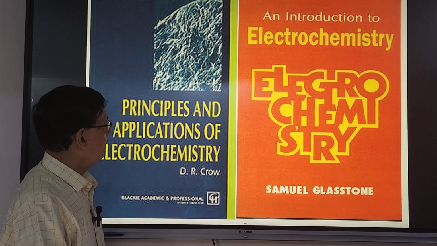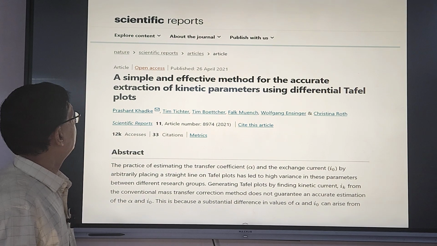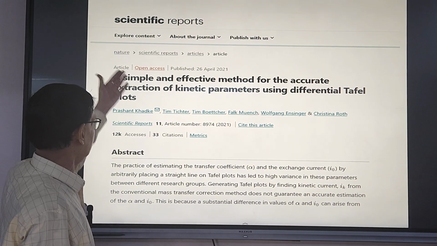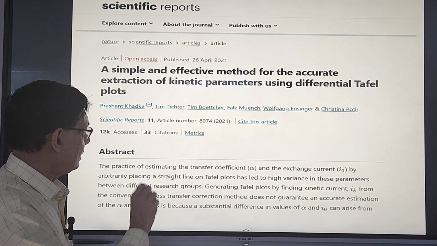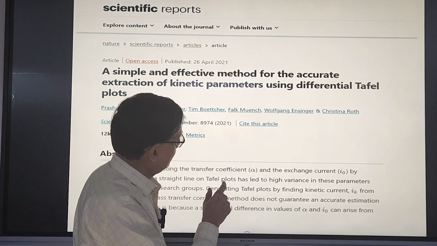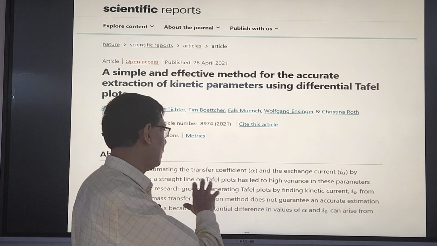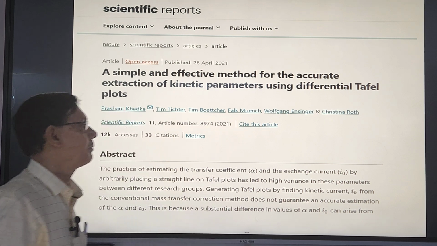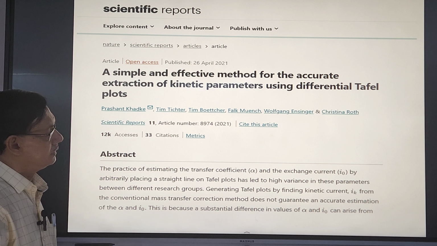For that, I have referred to some very good research papers, and as you know I always refer to Nature and like that, and sometimes there may be some confusion among students regarding the transfer coefficient, or sometimes it is called the symmetry coefficient, and the exchange current density and other things.